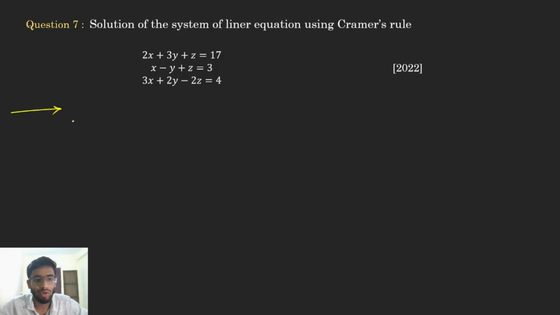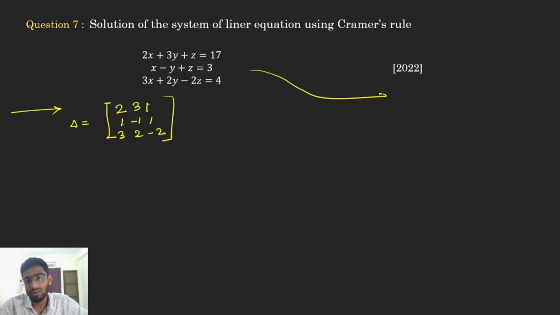We'll calculate del. So how to calculate del? Del is nothing but, if you take the coefficients of x, y, z and form a matrix: 2 3 1, 1 minus 1 1, 3 2 minus 2.